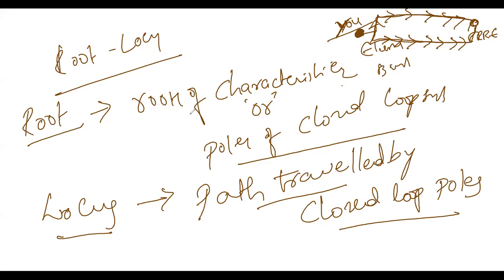That means root of the characteristic equation or pole of the closed loop system. This entire combination is called root locus. The value of K, that is system gain, is 0 at the starting point, and it is infinite at the ending point.